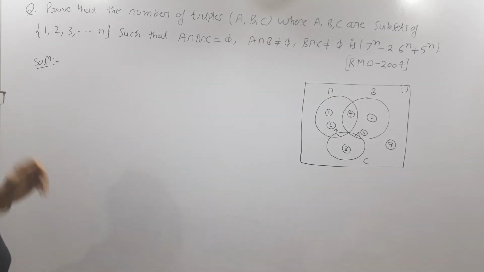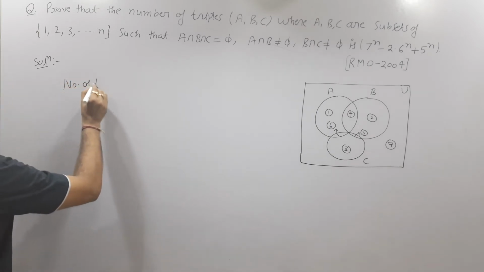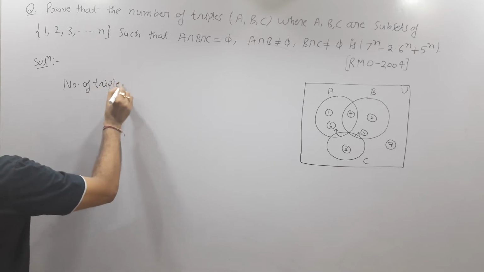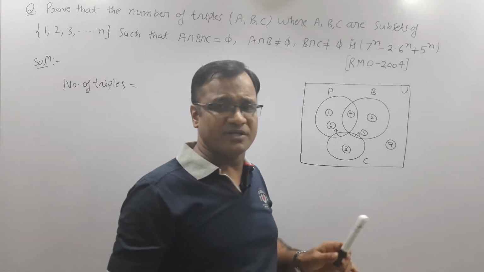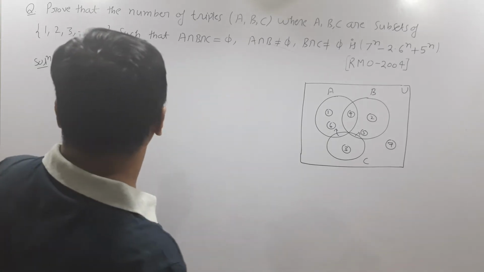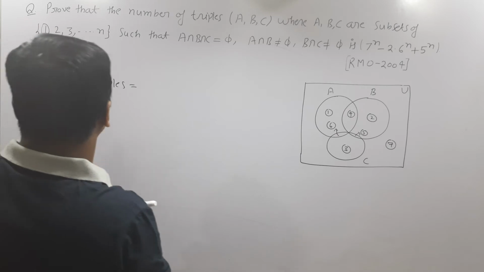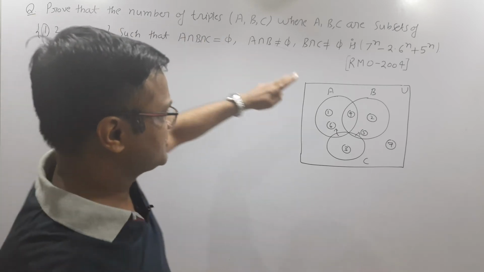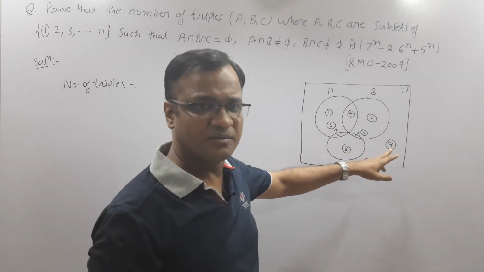So what we can do, number of triples equals to, first suppose that if there is no restriction, then each element has 7 choices. You can put the element 1 in first region, second region, third region, fourth region, fifth region, sixth region, and seventh region.